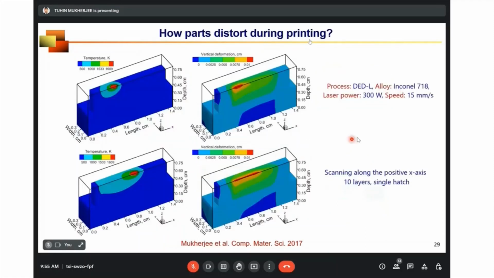So this kind of calculation actually tells us how a part distorts or how residual stresses are accumulated during the additive manufacturing process.